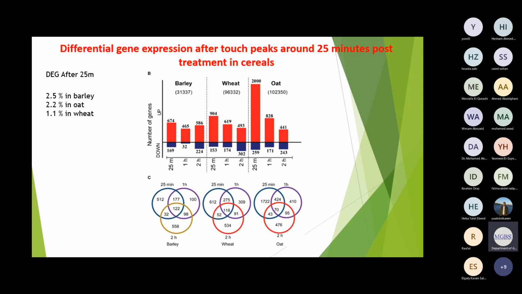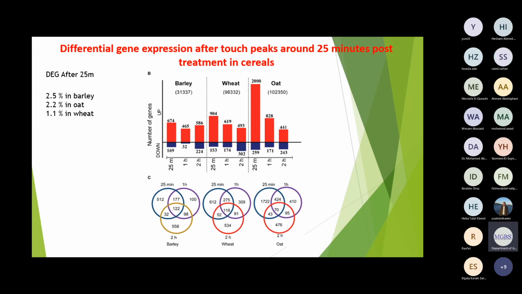Also, it was interesting that the highest number of differentially expressed genes was found after 25 minutes. It shows how fast gene expression responds to touch in the 3 cereals.